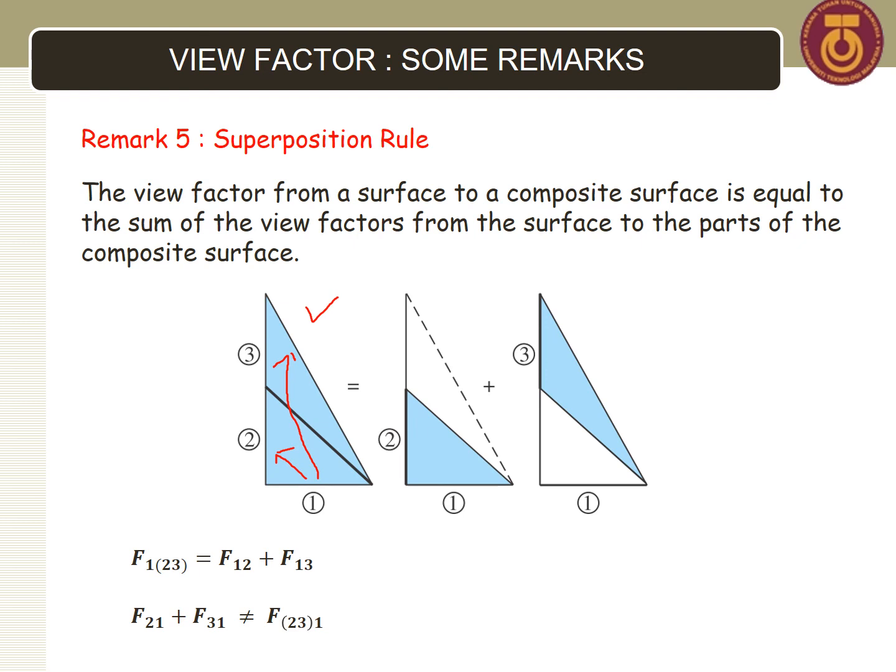This rule is also useful in helping us to determine view factors. But you need to take note, while this is true, the opposite is untrue. That is, we cannot say F21 plus F31 equals F231. So this is not true.